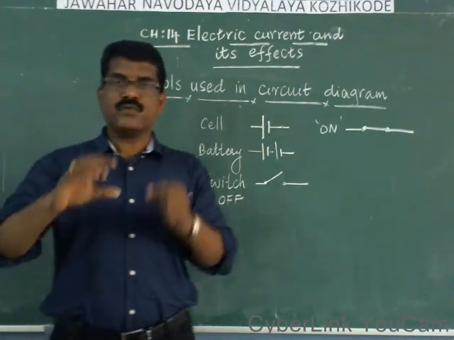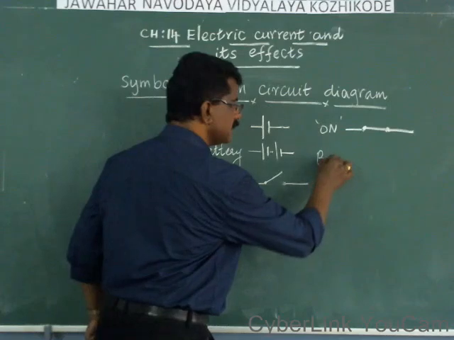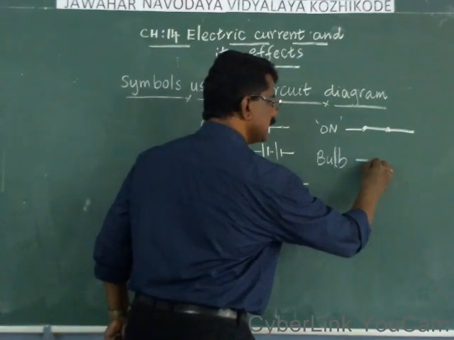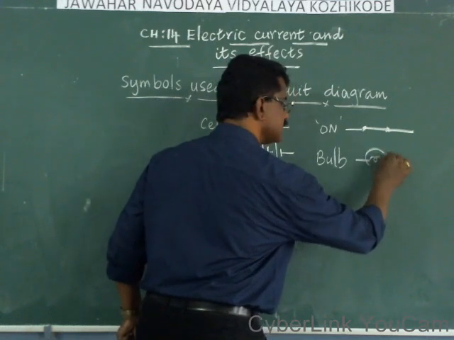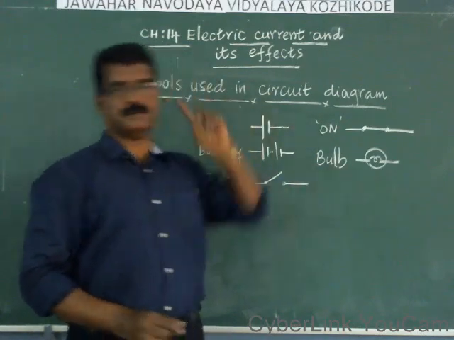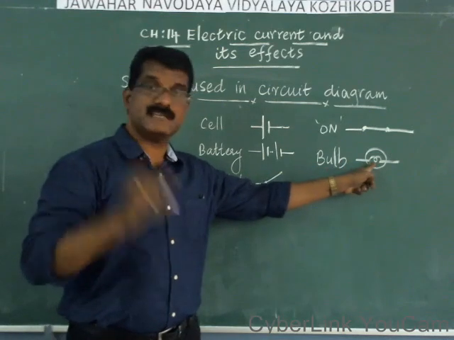Then how can we represent a bulb? See, a bulb can be represented like this: just put a line and a mark like this and put a circle. This is the symbol of bulb. Inside the round you can see the filament.